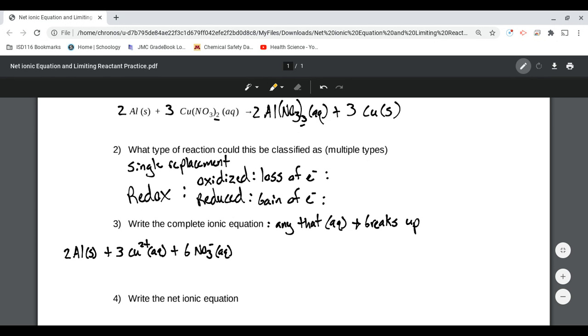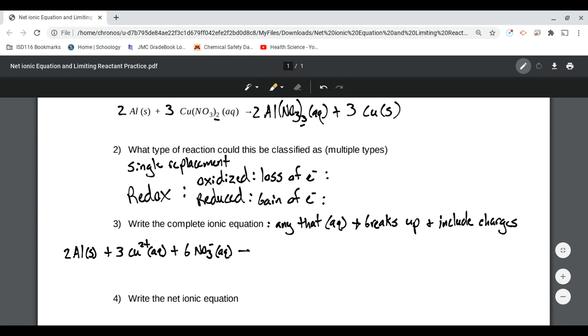And again, we're including those charges on the things that we split up. Anything that's aqueous, we break it up, and let's add a little note here and say, and include charges. If it is a solid, liquid, or a gas, it doesn't get broken up in a complete ionic equation or a net ionic.